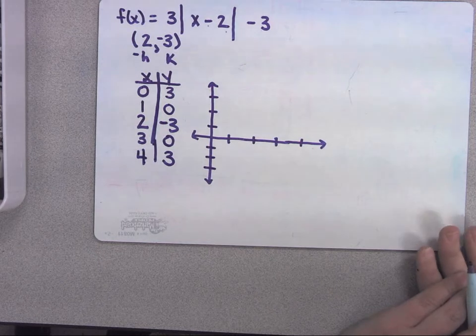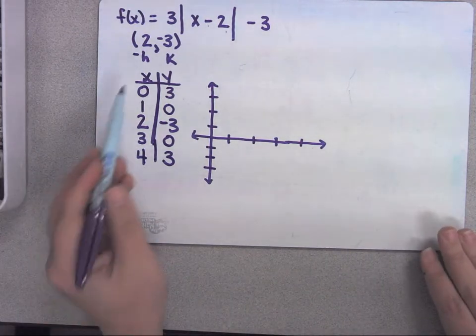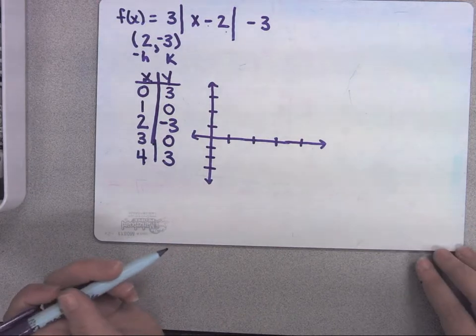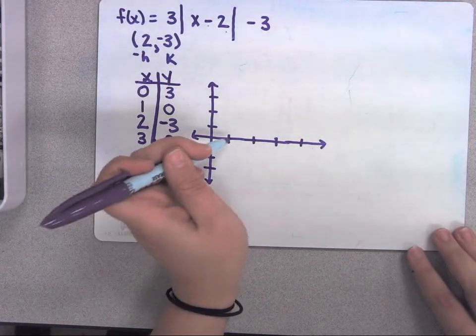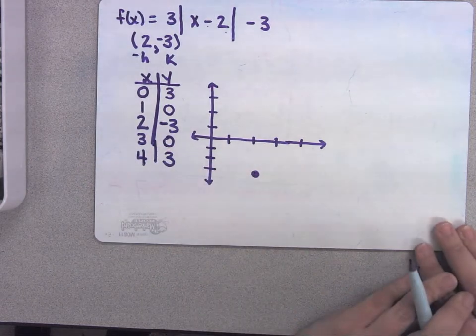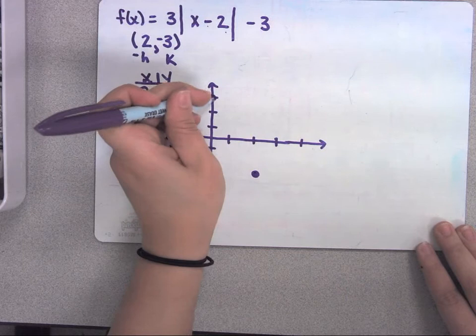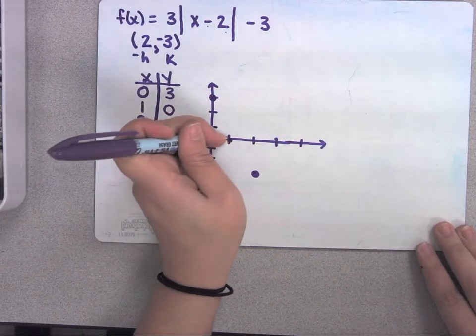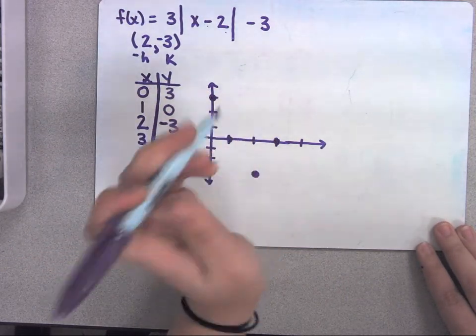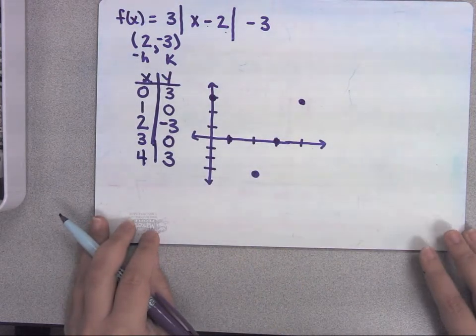Always plot your y and your vertex first because it helps you remember where you're going. Because if not, people think they're drawing it wrong and then they erase it and they're doing it wrong. That's a big guy.